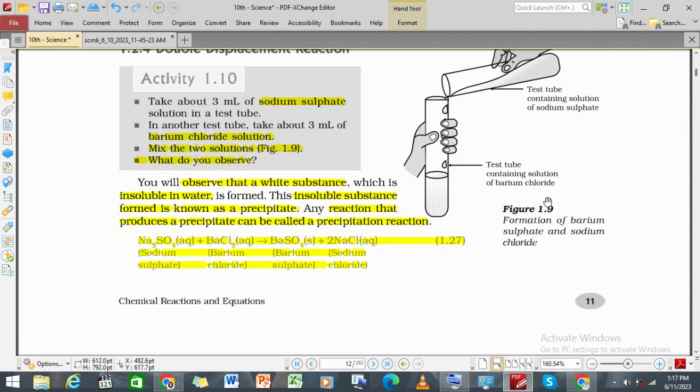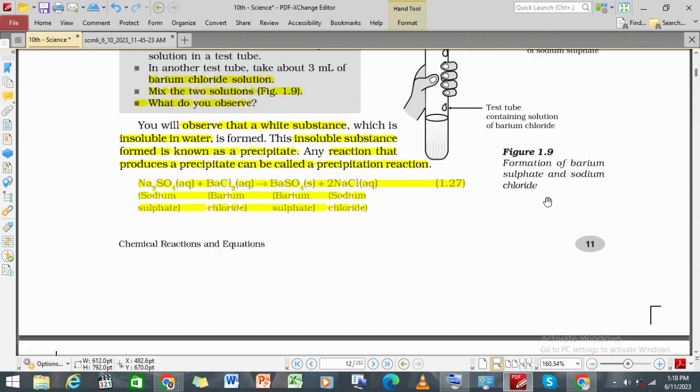We are mixing it well. What we will observe is that a white substance is formed. That is, an insoluble salt is formed in water, and this insoluble substance is known as the precipitate. And the reaction that produces a precipitate can be called a precipitation reaction.